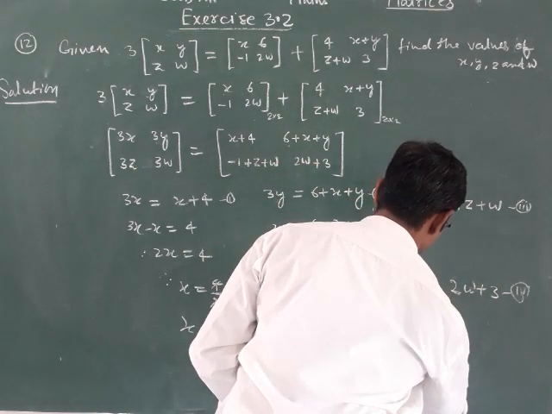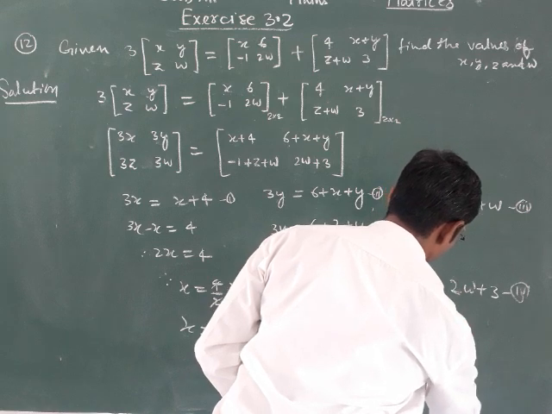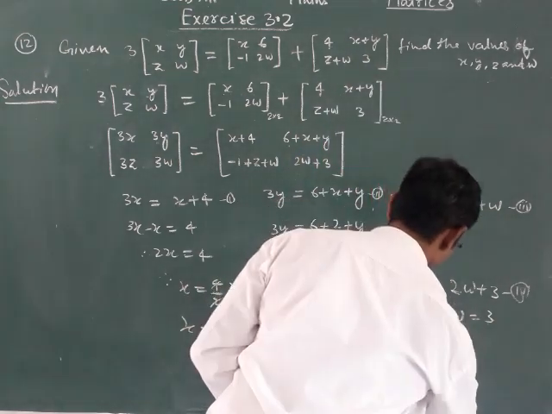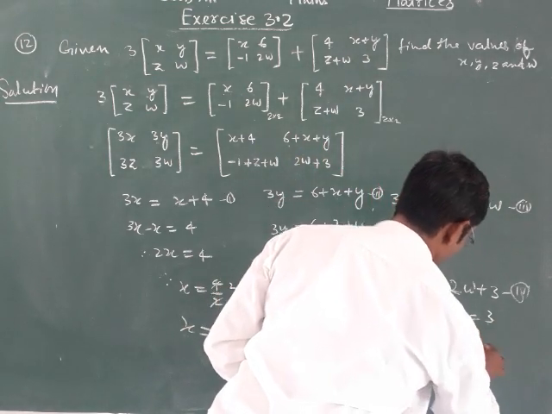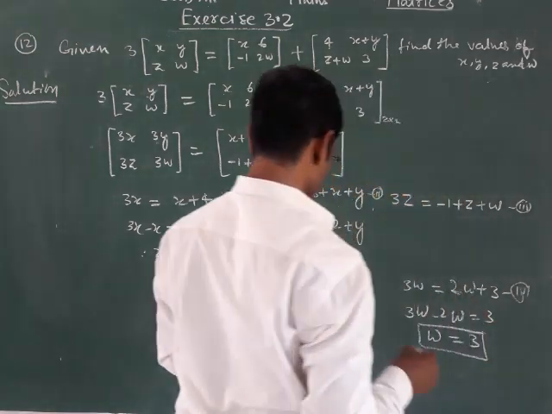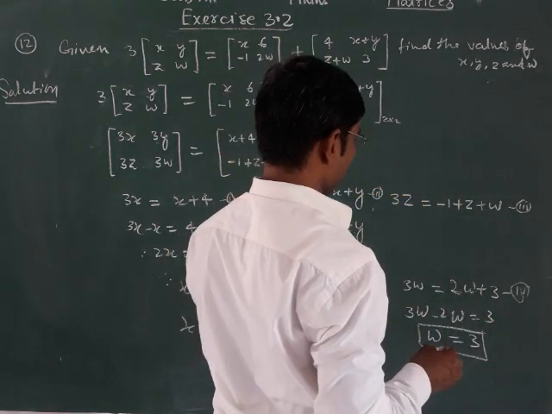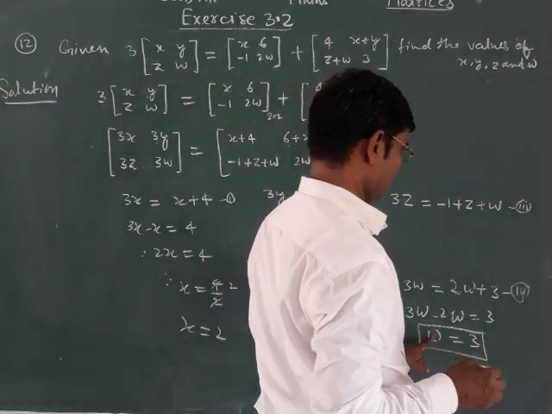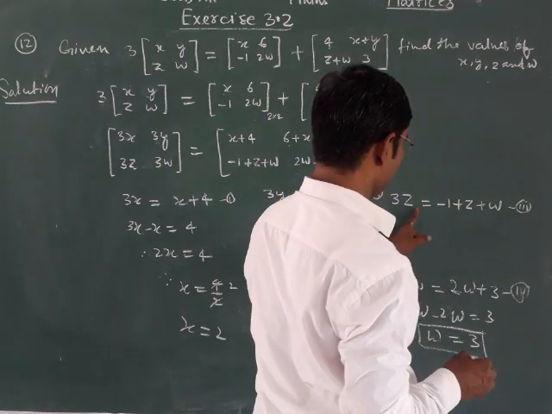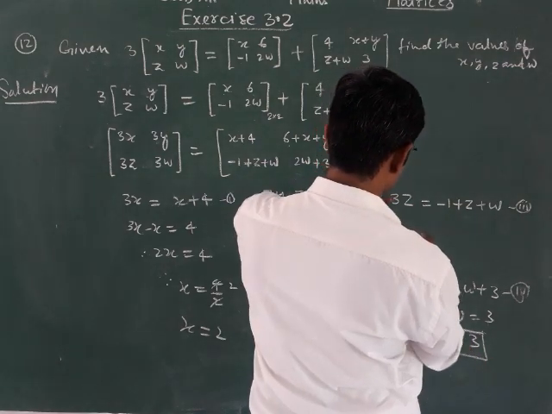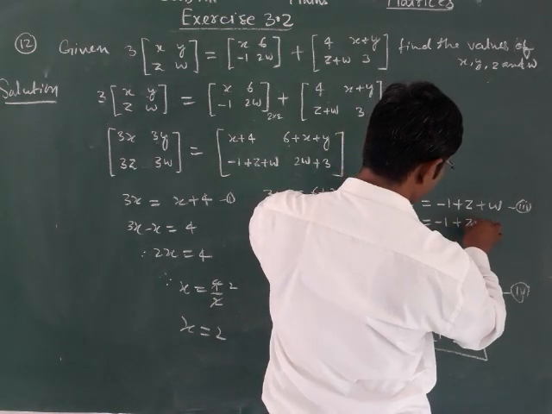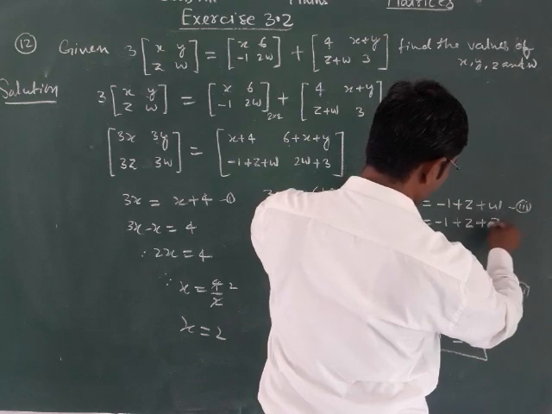Now 3w minus 2w is equal to 3. So w is equal to 3. This is the value of w. So x is 2, y is 4, w is 3. Put w here. So 3z is equal to minus 1 plus z plus w, where w is 3.